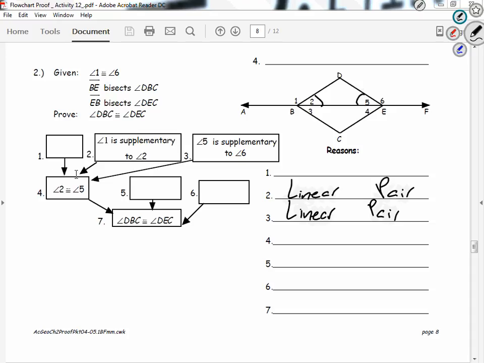Can I just come over and say for statement 1, let me fill that out. Angle 1 is congruent to angle 6. And why would that be true? Why can I write angle 1 is congruent to angle 6? Well, it's given. Alright.